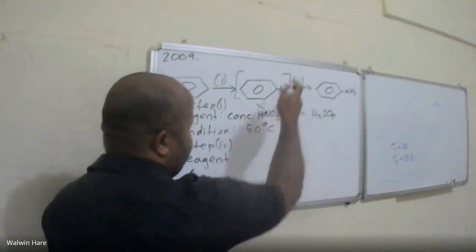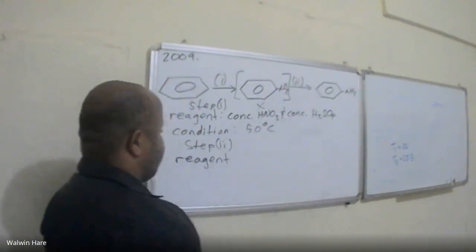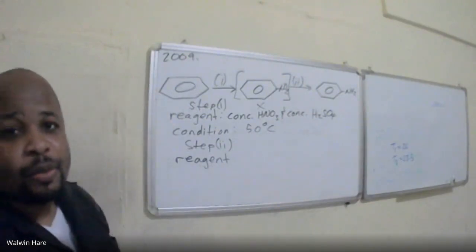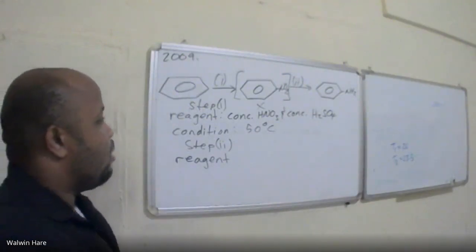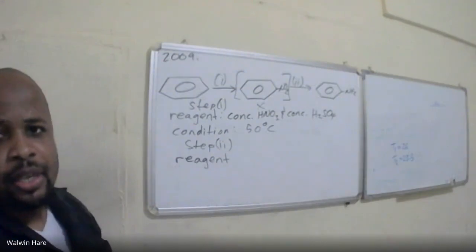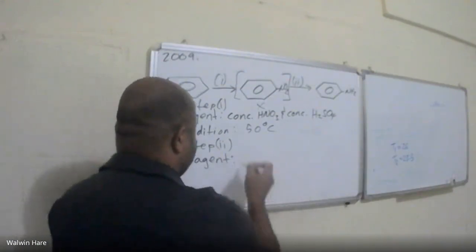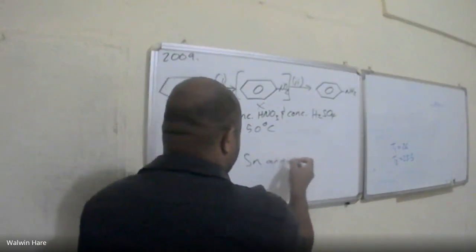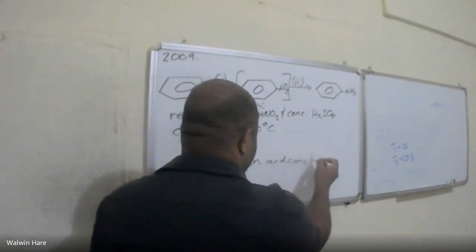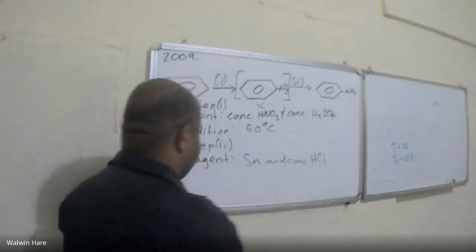So the reaction occurring here is reduction. And remember, what is used for the reduction of nitrobenzene? Tin and concentrated HCl, correct? Again, so tin and concentrated HCl. All right, so that's that.